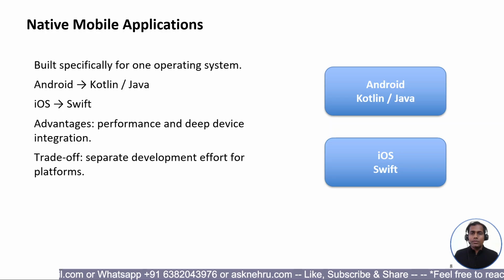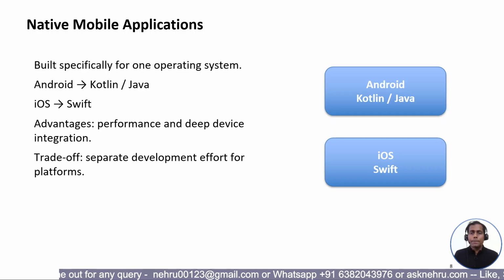So what are native mobile applications? Let's see in detail. A native application is built specifically for a particular operating system. For Android, popular technologies include Kotlin and Java. For iOS, I mean the iPhone, the primary language is Swift.